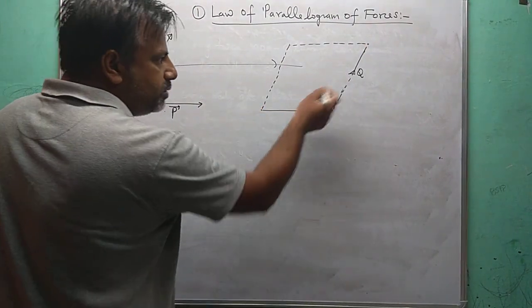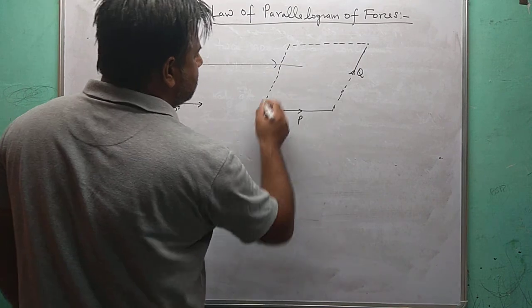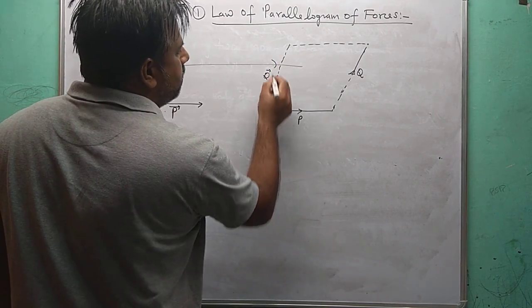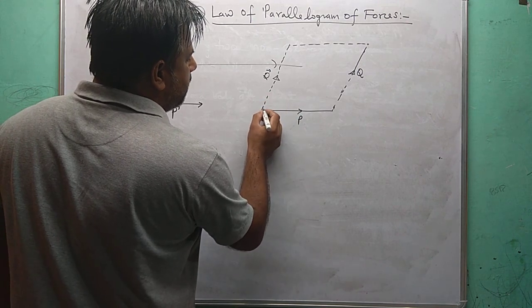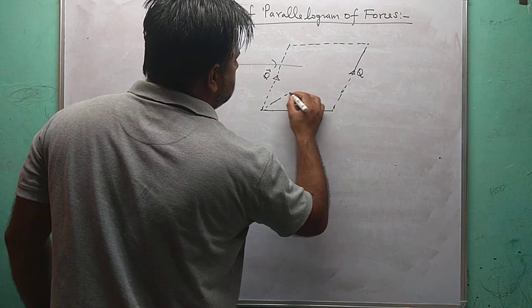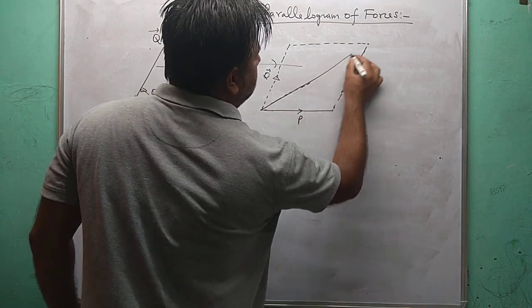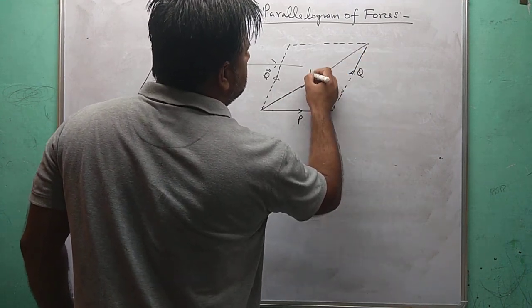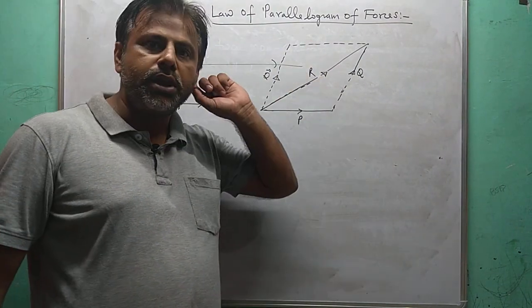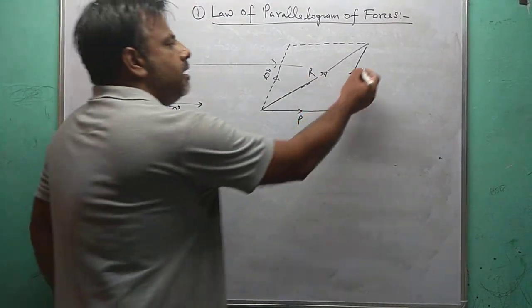So the resultant of these two forces passes through the intersection of these two forces. So this is the resultant force vector. The diagonal of the parallelogram represents the magnitude of these two force vectors.